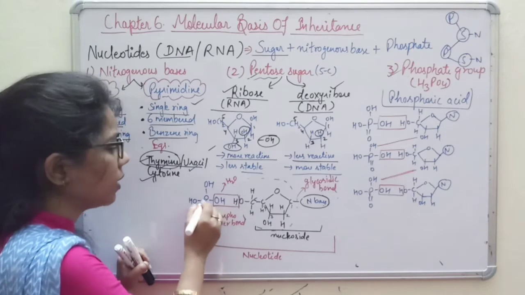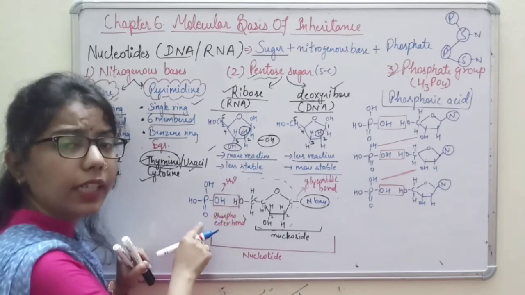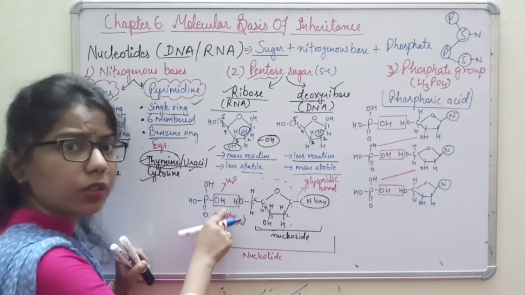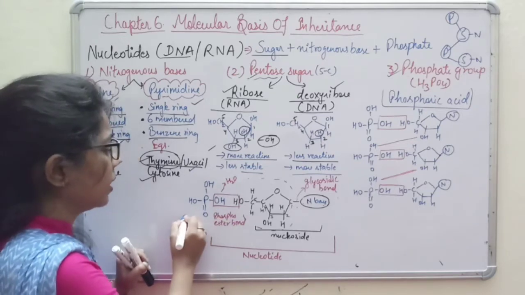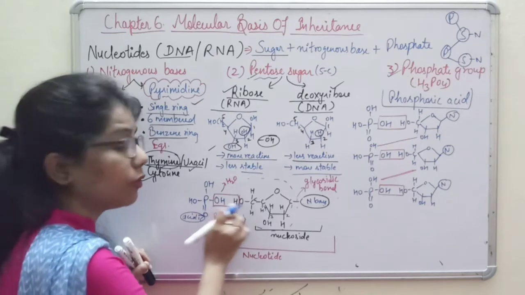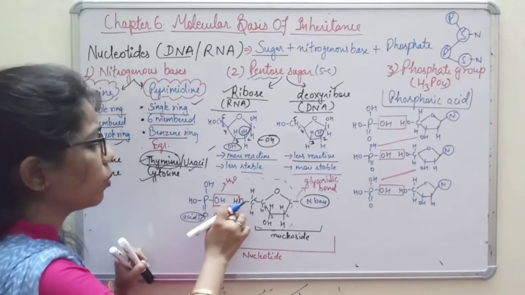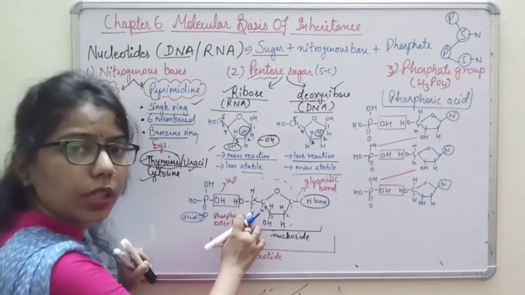But if you see here, this H3PO4, PO4 is inorganic, and it is having this OH group which is showing that it is acid. These are acidic. So what will it tend to do? It will react with this OH group. The OH group of the acid will react with the sugar.